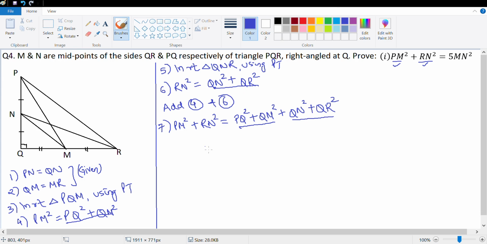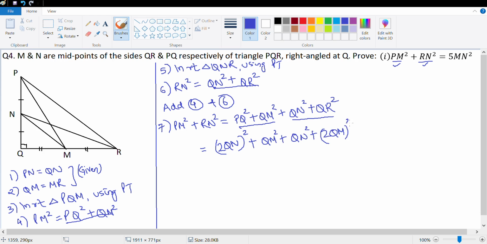Let's see if we can get something together. PQ can be written as 2 times QN whole square, plus QM square, plus QN square, and QR can be written as 2 times QM whole square.